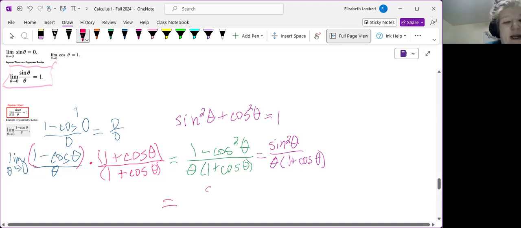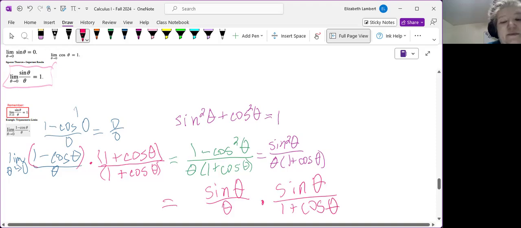So we're going to have sine theta over theta times sine theta over 1 plus cosine theta. Now I'm going to go ahead and write that limit back in.